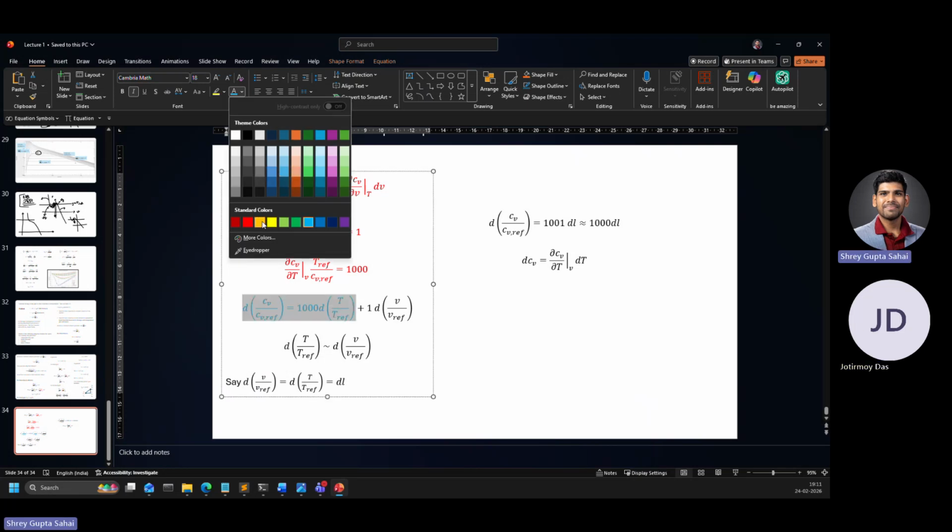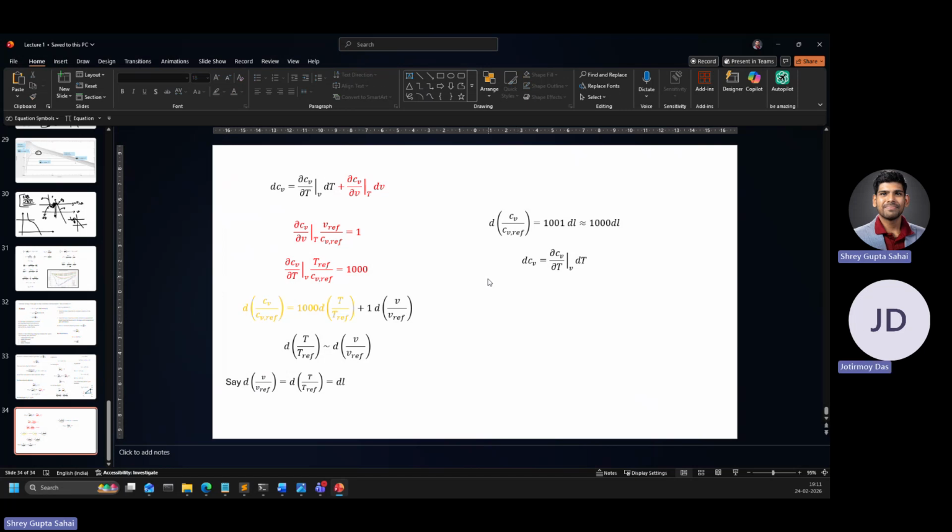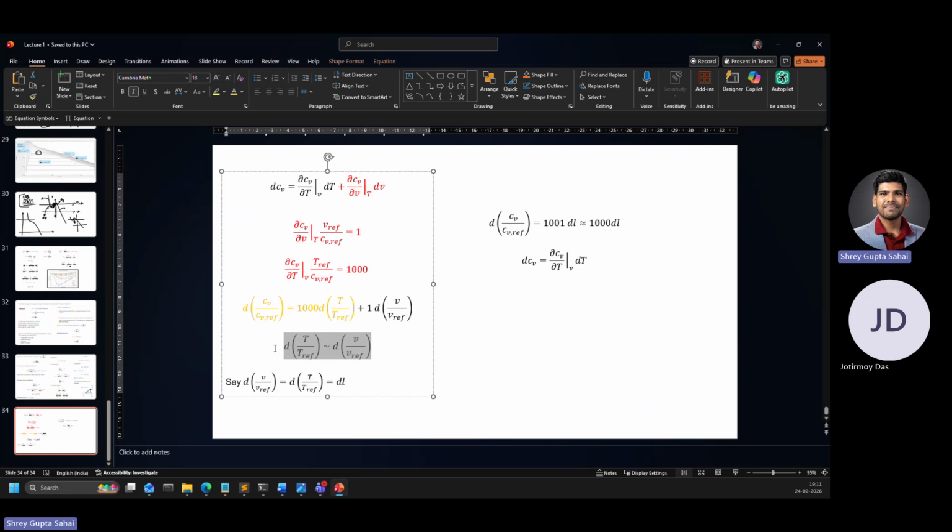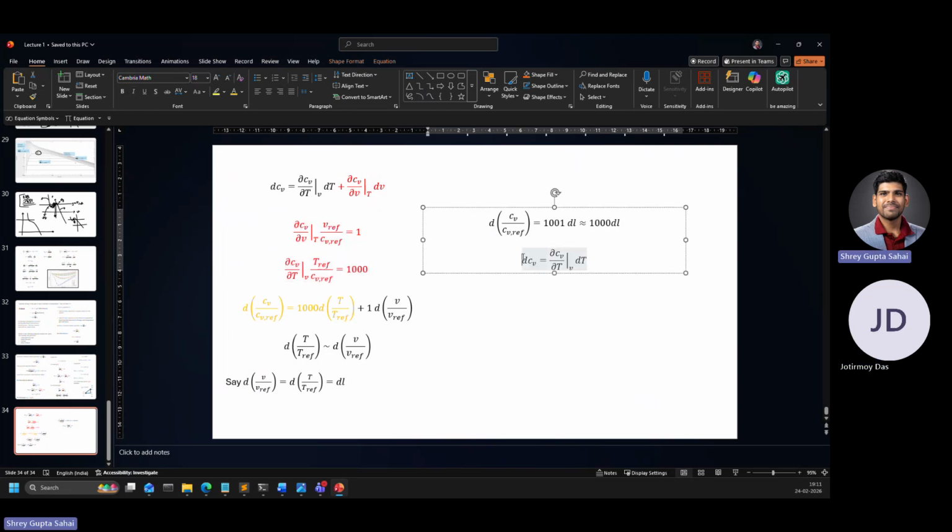So what I'm trying to imply here is that when your changes in temperature and volume are comparable, but your slopes are strikingly different, one is, let's say, 1000 and the other is 1 in normalized terms, then the weak dependence can be neglected. Only in those cases can we say that Cv is a function of only temperature, or U is a function of only temperature.